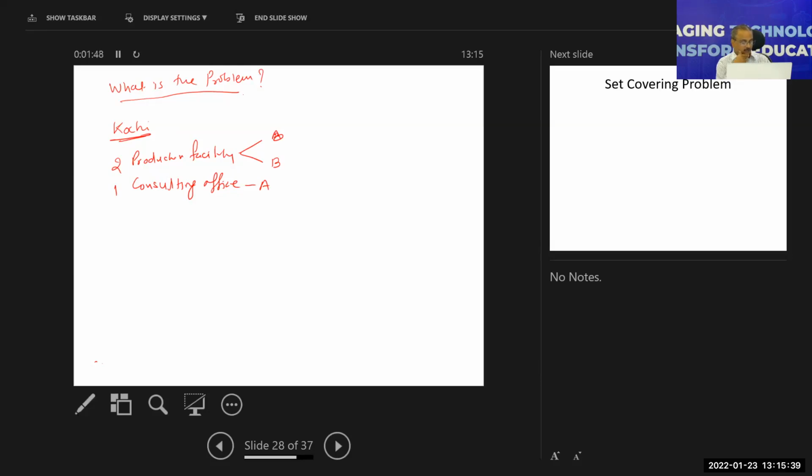The consulting office, that is facility A, is a centrally located facility in the downtown area, and it's next to the city's central road transport hub. Okay. And facility B manufactures the premium boats.